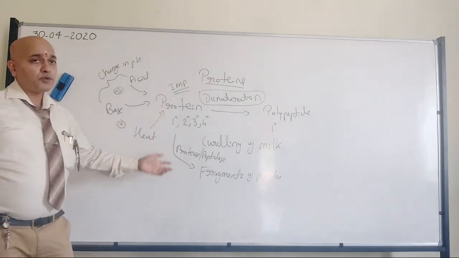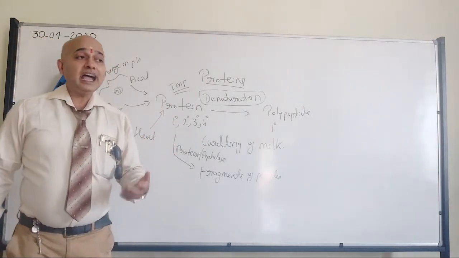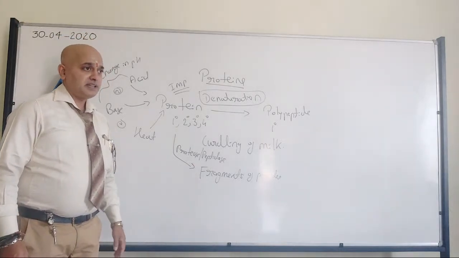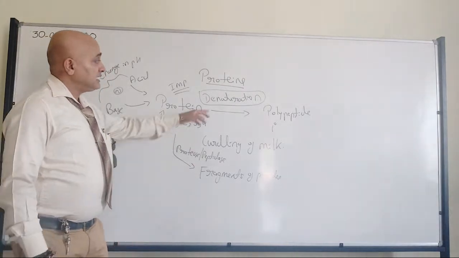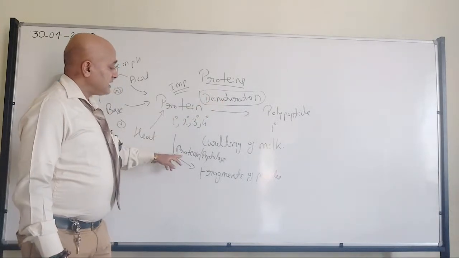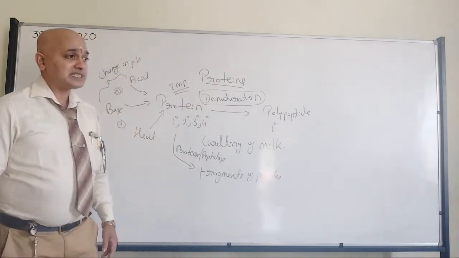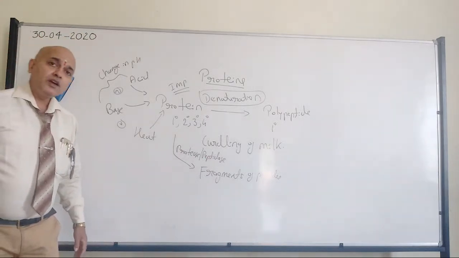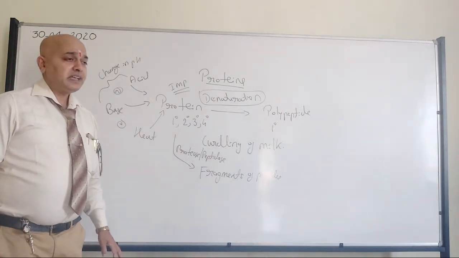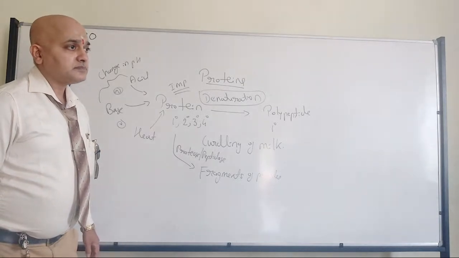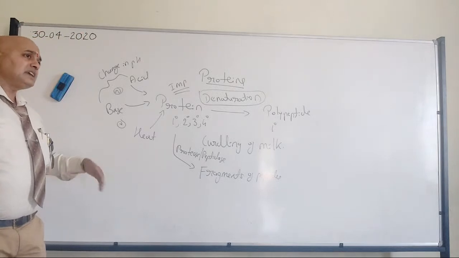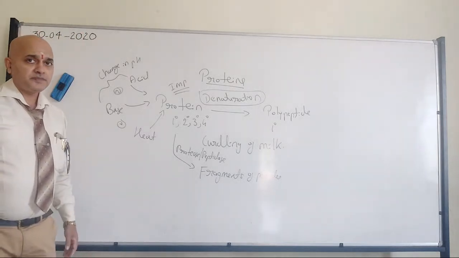When I am treating protein with protease and all, I have lost primary structure also. I am going to get the fragments. That is the difference between denaturation and when a protein is treated with protease or peptidase. All of you have understood? Any doubt? If you have any doubt, you can ask. Otherwise, I will move to the next one.